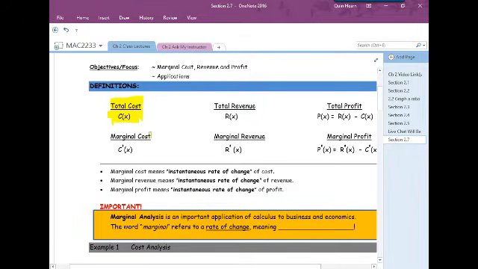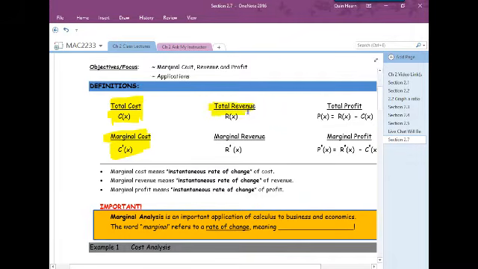And if we want to know the rate at which that cost is changing, like for example, if we know that as we increase the number of units, the cost is going up a lot, that might influence us to not increase the number of units that we're producing. So anyway, when we're talking about the change in the cost, instantaneous change, we're talking about marginal cost. We use the word marginal to mean derivative or instantaneous rate of change, slope of the tangent line.